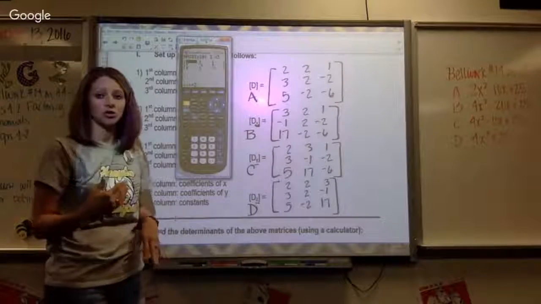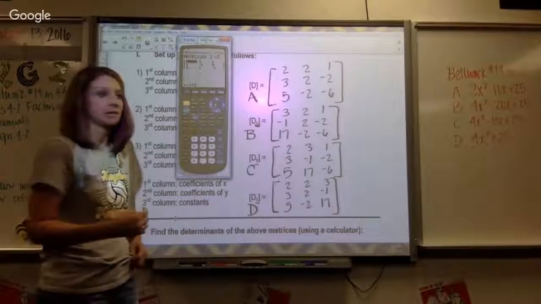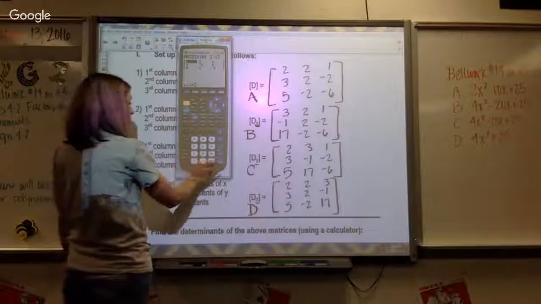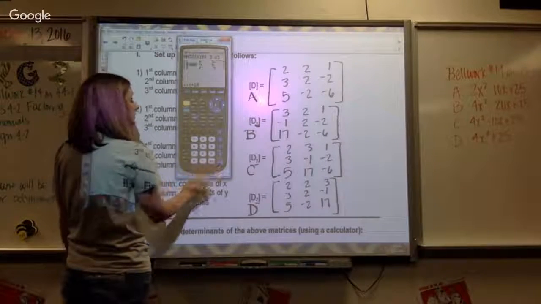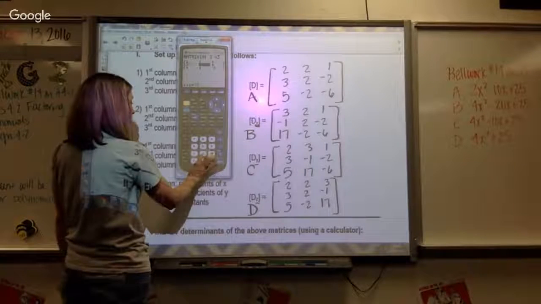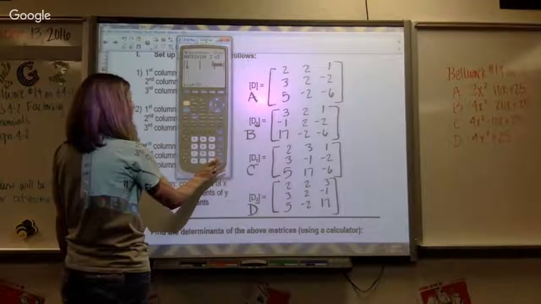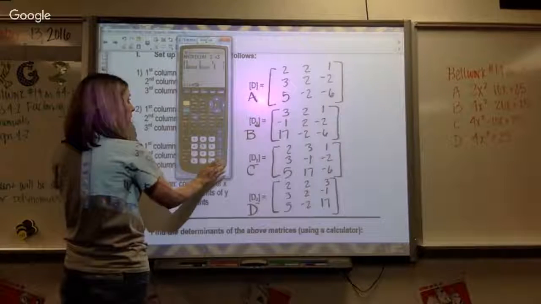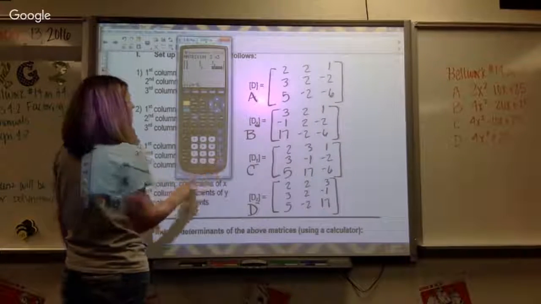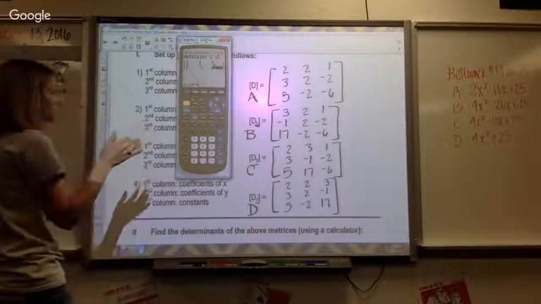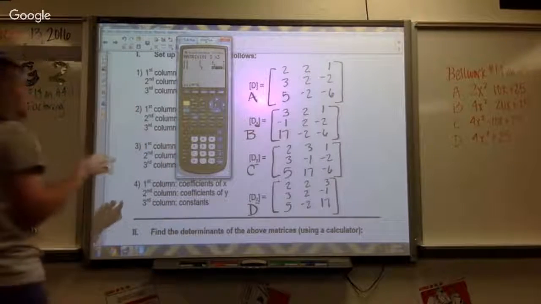Make sure that you're checking every element that you type into the calculator to make sure that you typed it in correctly. So 2, 2, 1, 3, 2, -2, 5, -2, and -6.